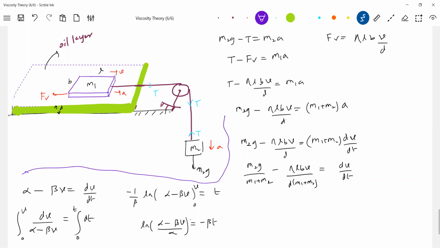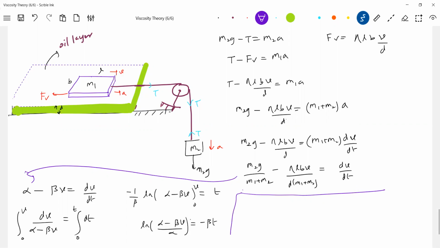So what is the next thing you can write? Send log on that side.